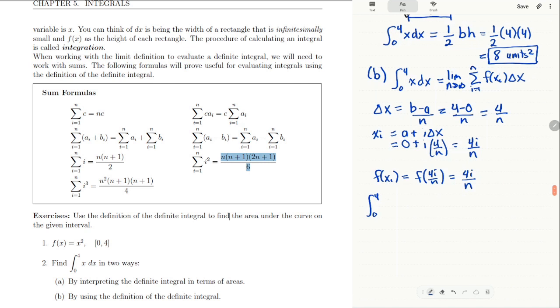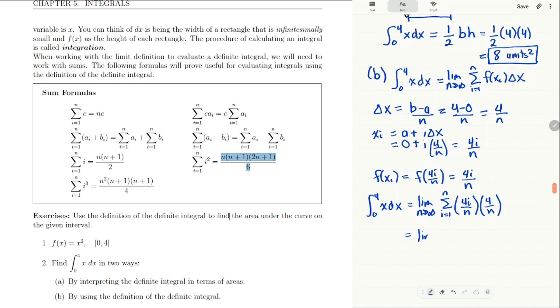So the integral from 0 to 4 of x dx is the limit as n goes to infinity of the sum from 1 to n of 4i divided by n times 4 over n.